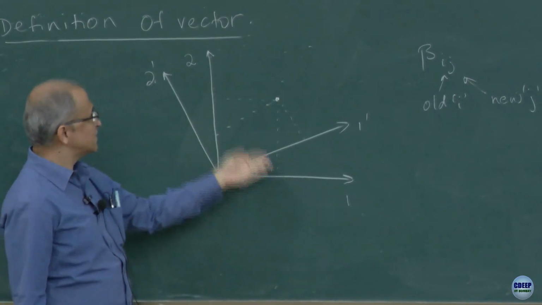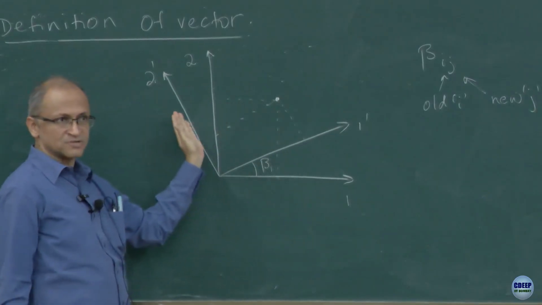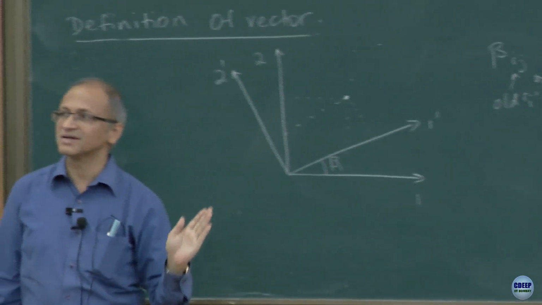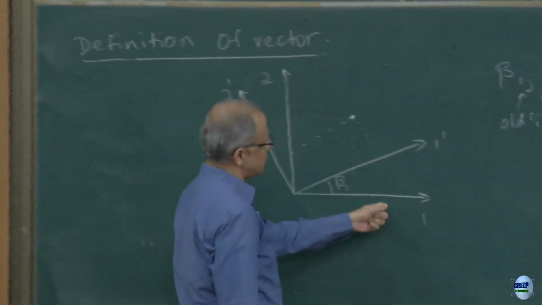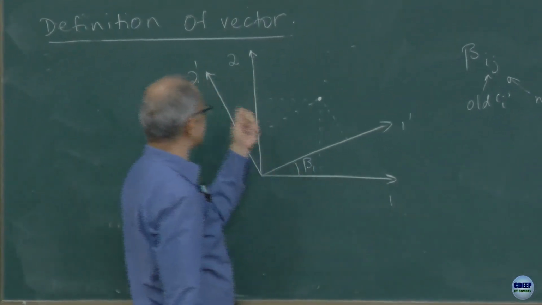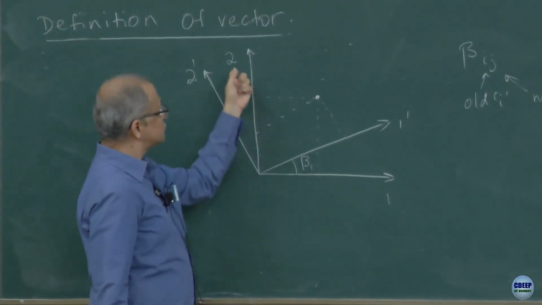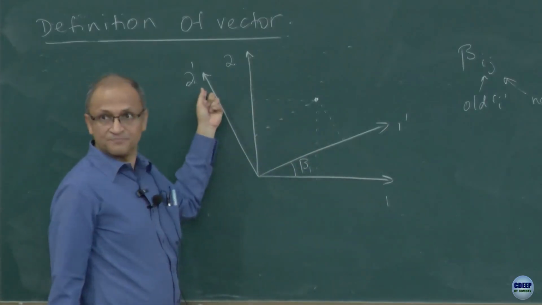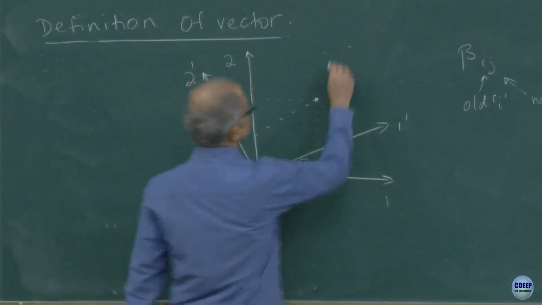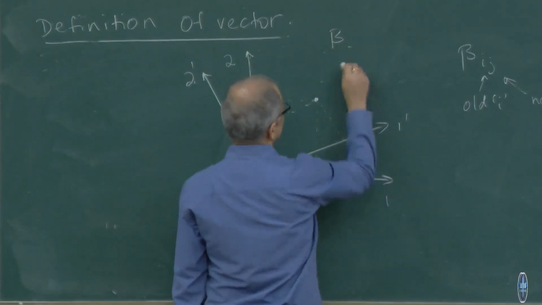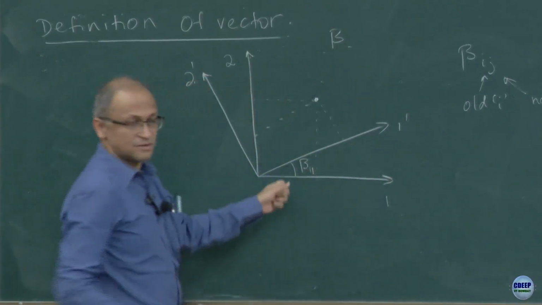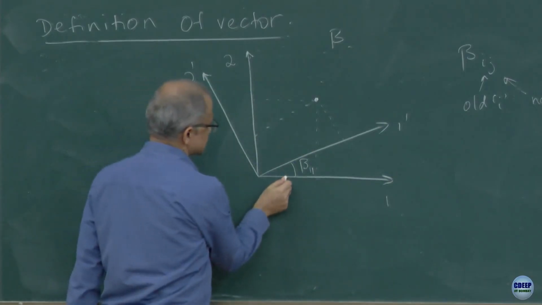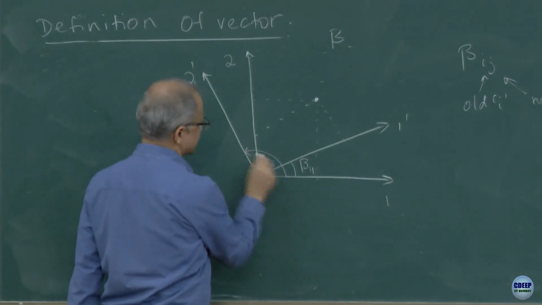Of course, with 1 and 2, and 1 prime and 2 prime, I'm not interested. I know these are rectilinear coordinate systems, so they are already fixed at 90 degrees, but the other angles I can have. I can have 1 and 1 prime, I can have 1 and 2 prime. So if I have to write it down, I have beta 1,1, which is this angle here, and then another angle that I'm making.